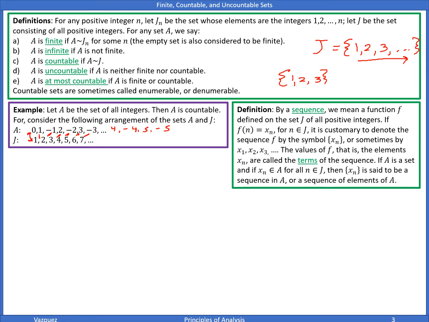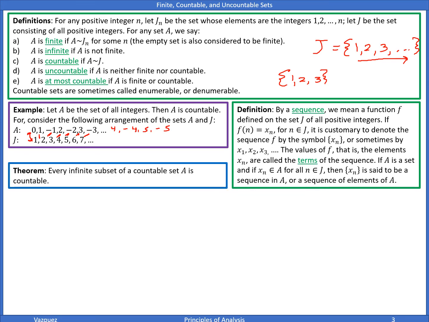If A is a set, and if x sub n is an element of A for all n in J, then x of n is said to be a sequence in A, or a sequence of elements of A. With that, you should probably know what a subsequence is as well, which pretty much means taking some terms of the sequence and making a new sequence.